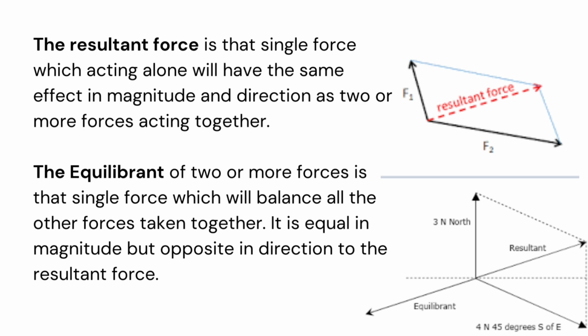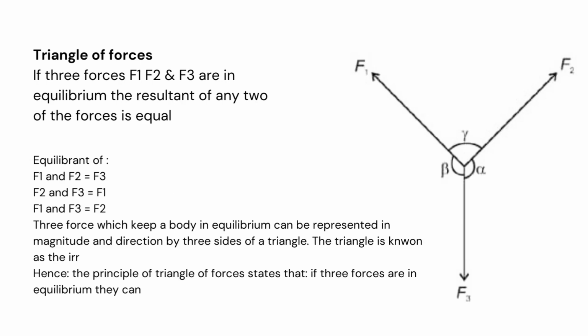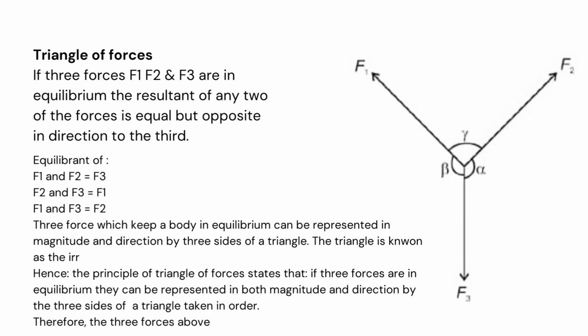Now, triangle of forces. Looking at that diagram, we have F1, F2, and F3. All those three forces meet at a point. The equilibrant of F1 and F2 is F3.